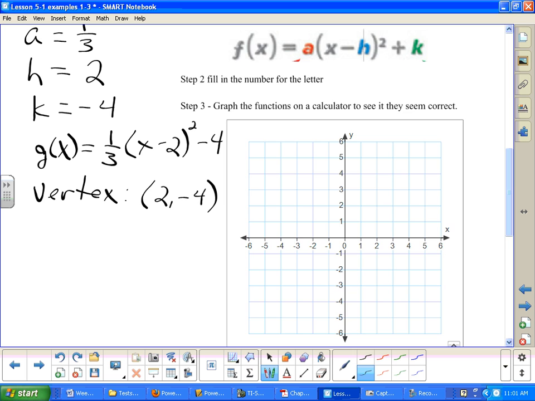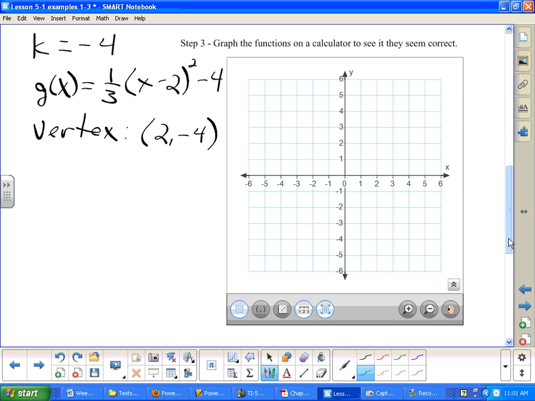So the first thing I would do is put my vertex in. (2, -4). Here's the vertex. Okay. Is this going to open up or open down? And how do I know it's opening up? Because there's no negative.